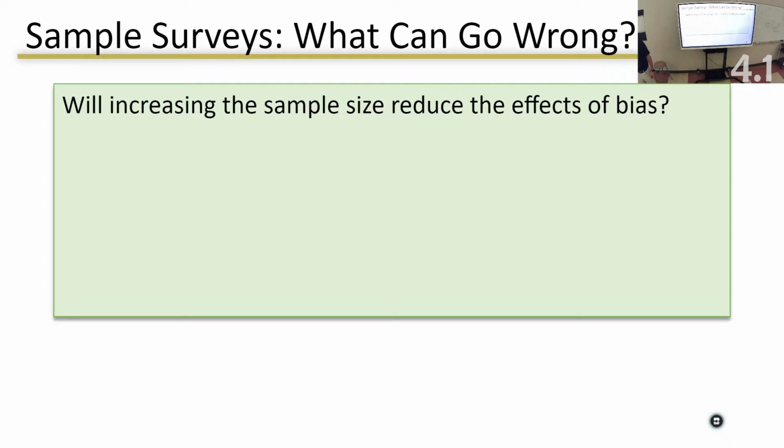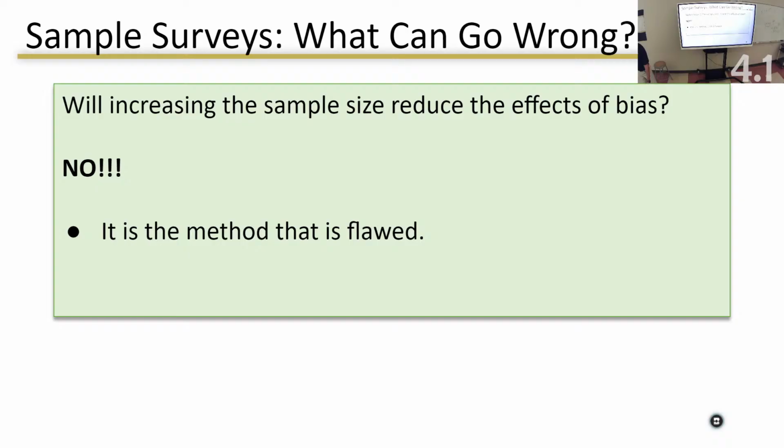If it's biased because of the method, it's biased because of the method. If I have non-response bias and I increase the sample size, guess what? You still have proportionally the same non-response bias. If I have response bias and I increase my sample size, you're still going to have response bias.